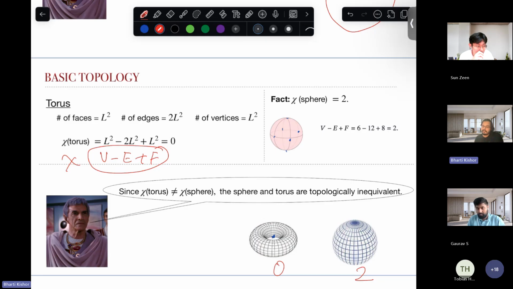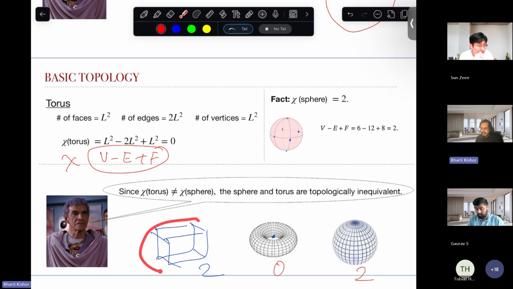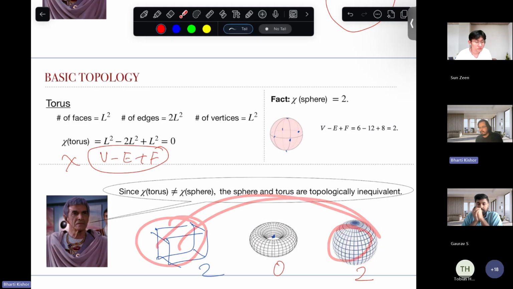On the other hand, if you remember our first motivating example, for the cube the Euler characteristic was 2. So you see that the Euler characteristic of a cube is 2, and the Euler characteristic of a sphere is 2, which means they are related to each other by homeomorphism.